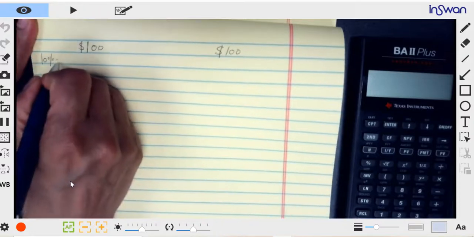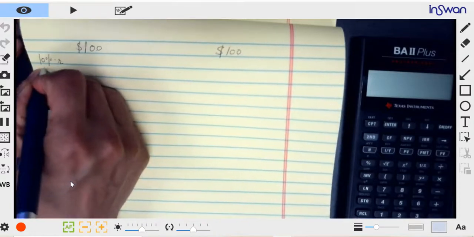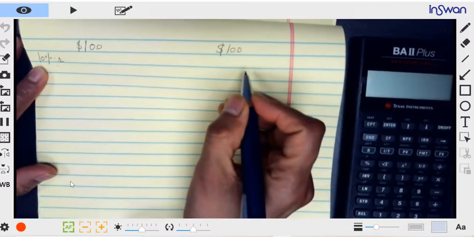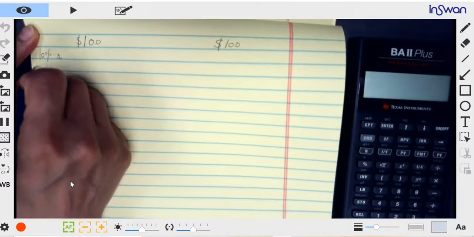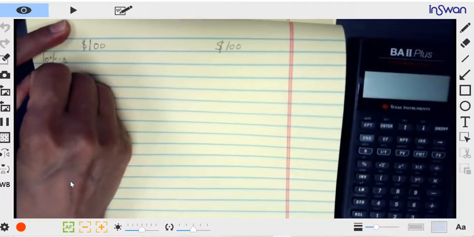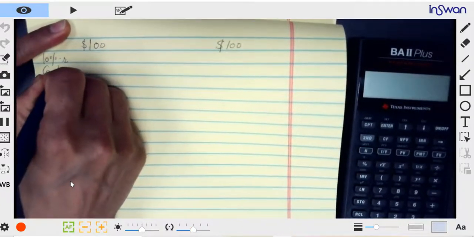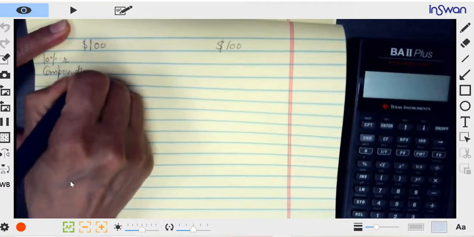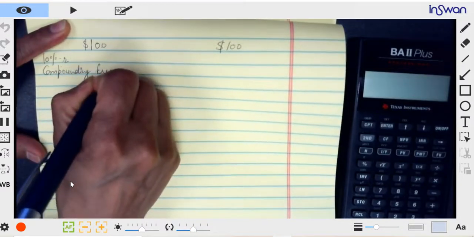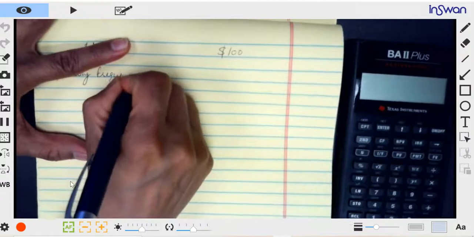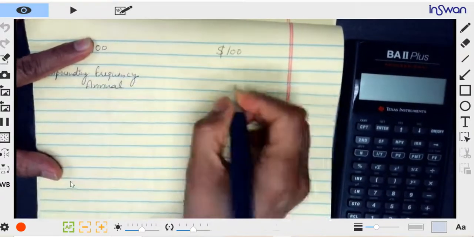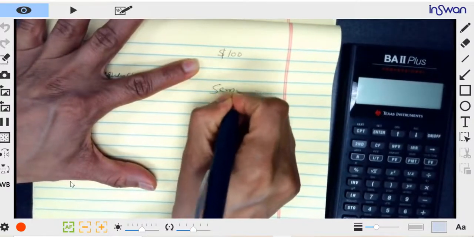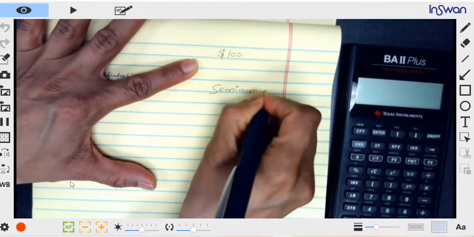So R or I, whatever you call it, is 10% in both cases. But for you, the compounding frequency is annual. For your friend, it is semi-annual. Okay.